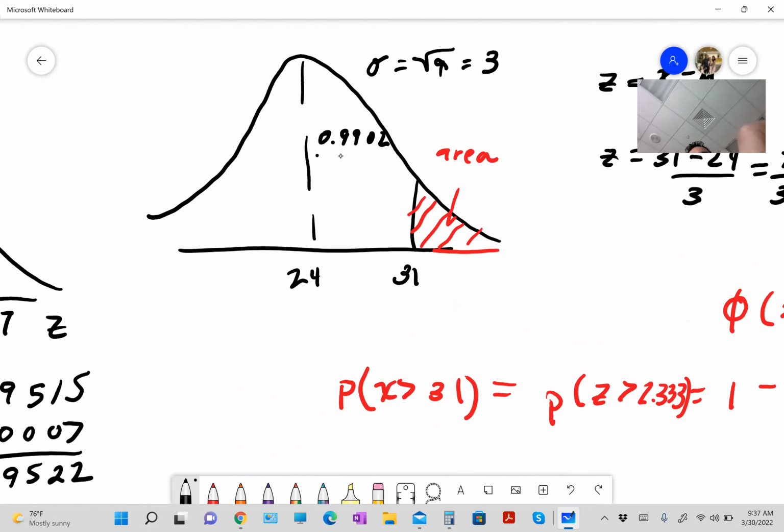What does it say? Add 0.0001 to it. So 0.9902. Great, but that's area to the left.